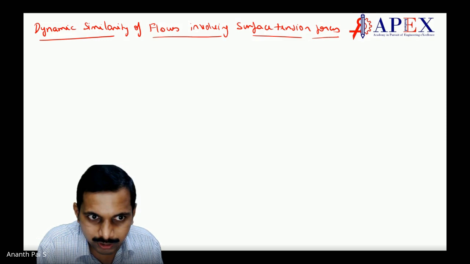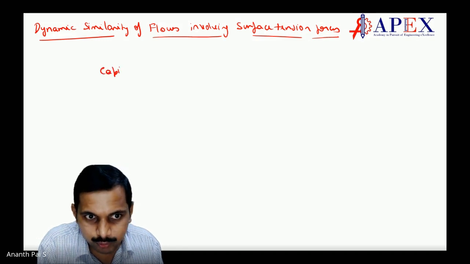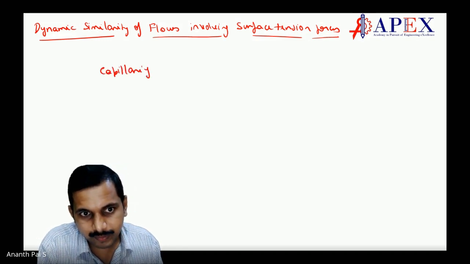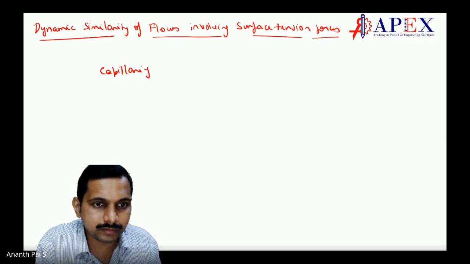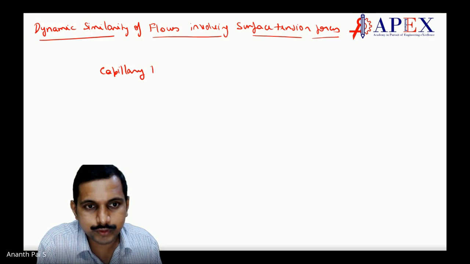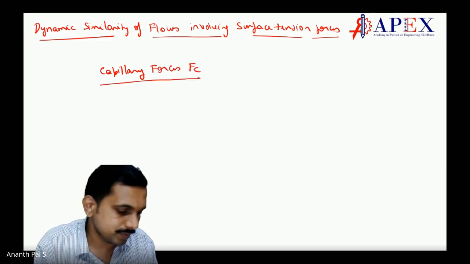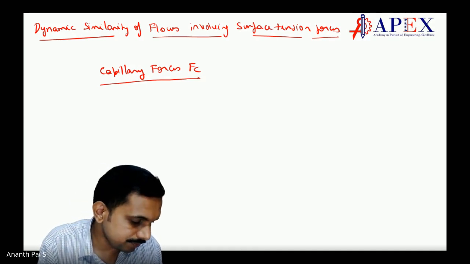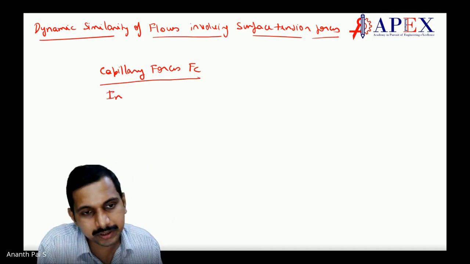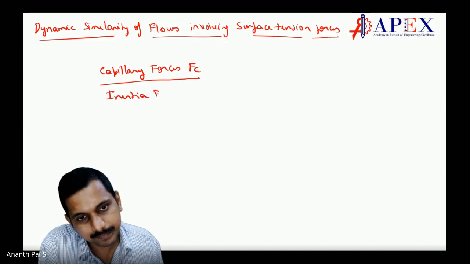When surface tension is the dominant force, what is important here is the ratio of capillary forces. Capillary force Fc divided by, say, the inertia force Fi.